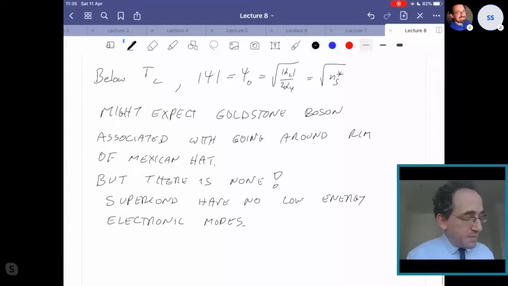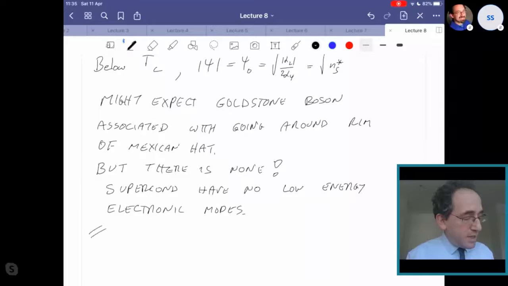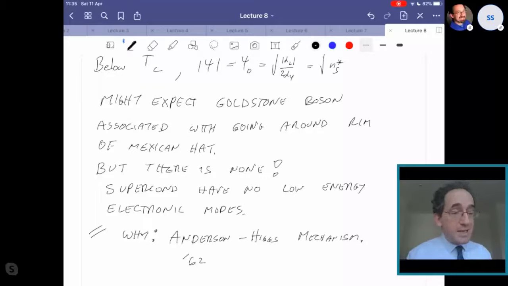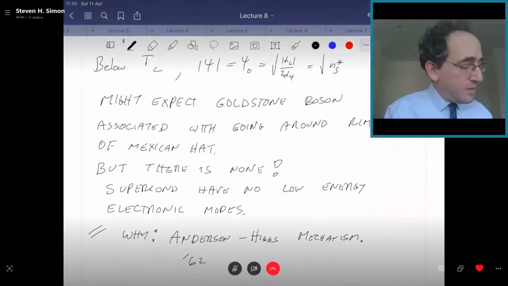This is why. It's because of the Anderson-Higgs mechanism. And I think it's fair to call it Anderson-Higgs because Anderson explained this in the context of condensed matter in 1962 and Higgs in 1964.